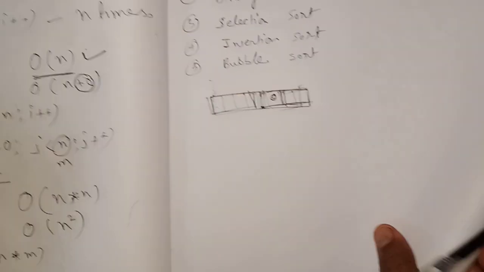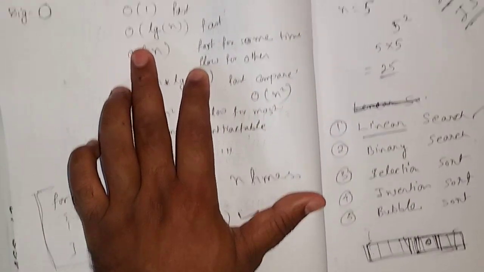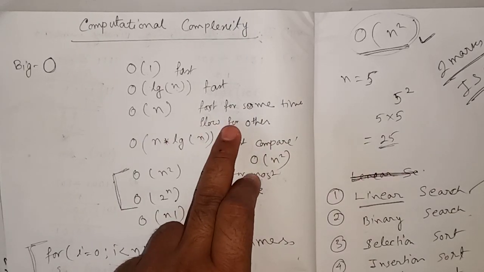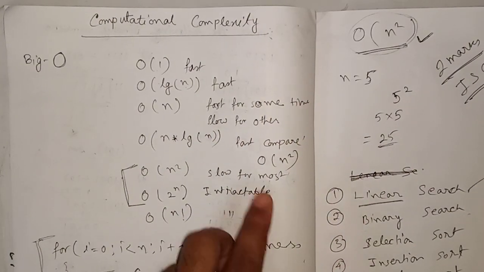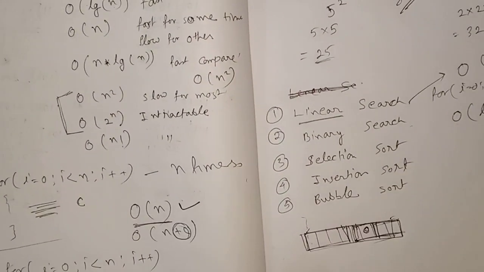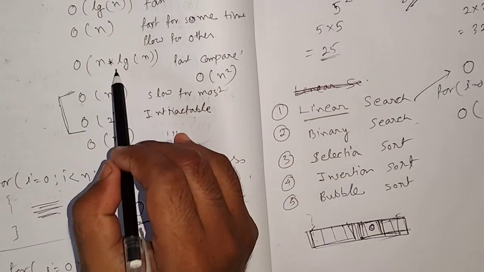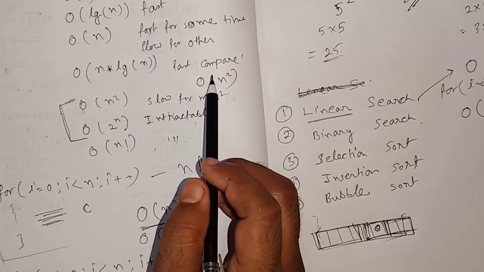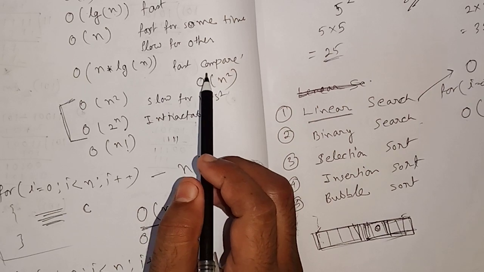That's why I'm writing here O(log n) fast, O(n) fast for some time but slower for others, and this is faster than big O(n square).